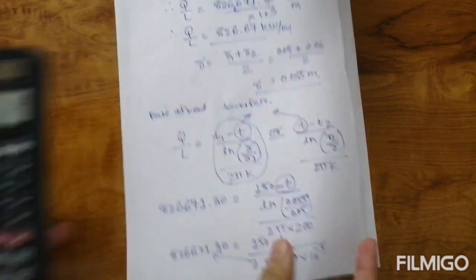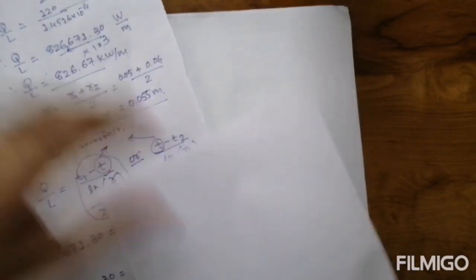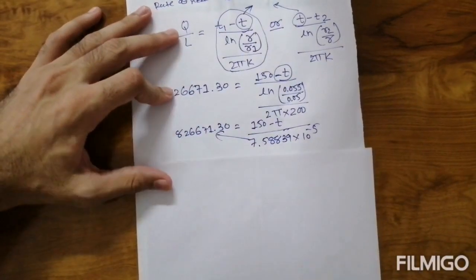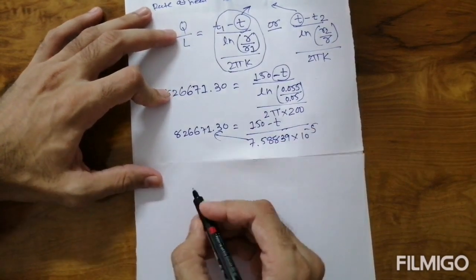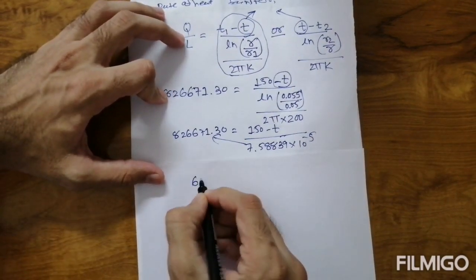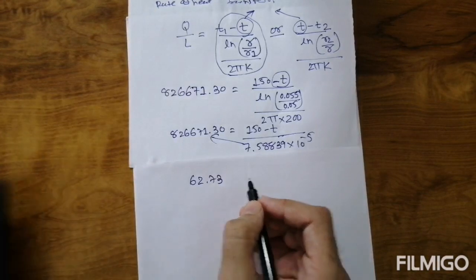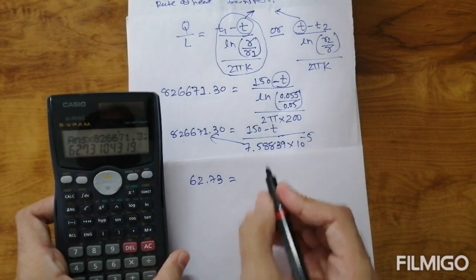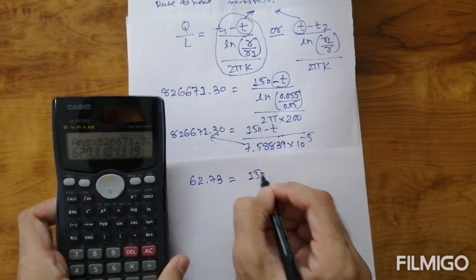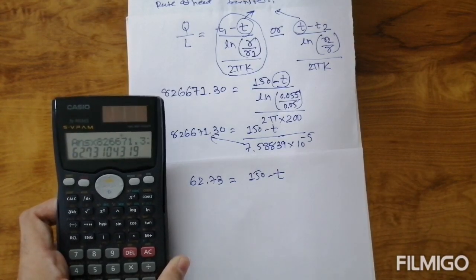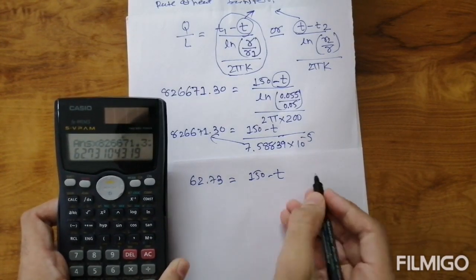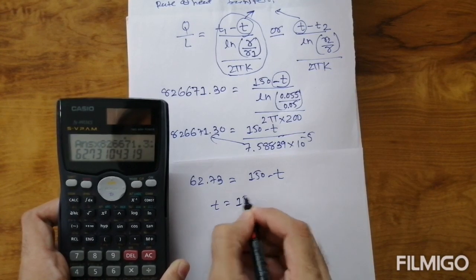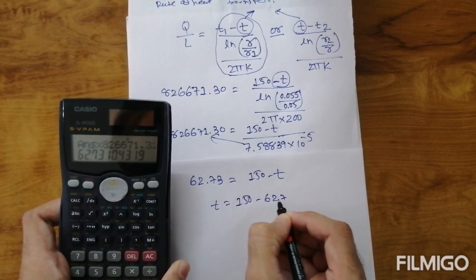So our answer is 62.73, which equals 150 minus T. Now we move T to the other side, so T is equal to 150 minus 62.73.